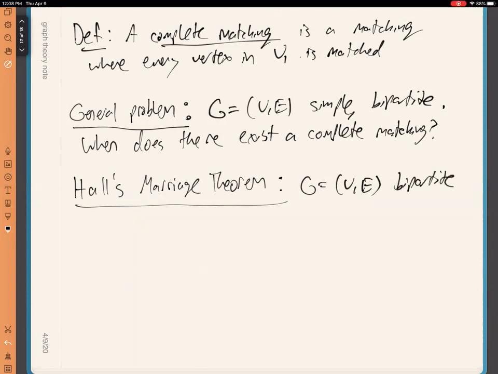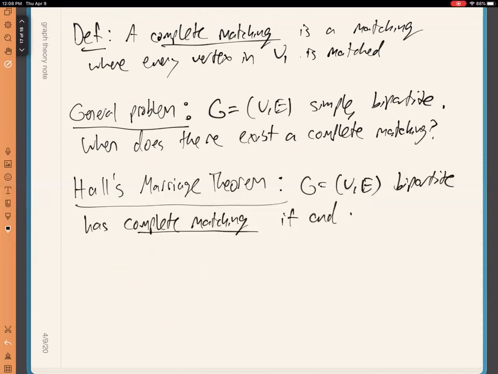I guess it's built into the definition of bipartite that it's simple, so I don't have to keep repeating that. Well, this graph has a complete matching if and only if the following quantitative property holds.